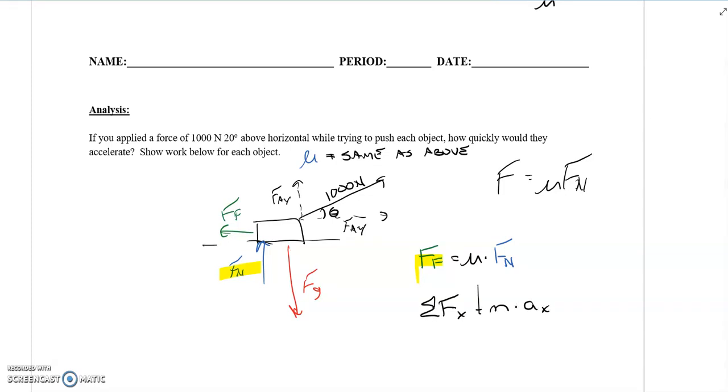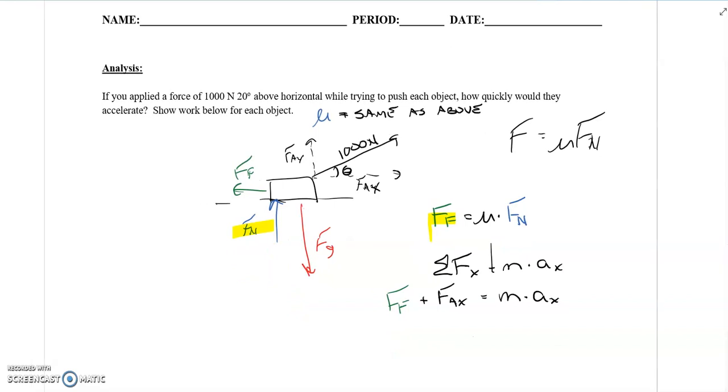Those forces along the surface are friction and the applied force in the x direction, that's this one right here, and that's it. Those are the only forces horizontally, and they have to equal the mass times that acceleration in the x. And in that equation, we now know friction, the applied force in the x, and we know the mass of the object, and we can solve for a.